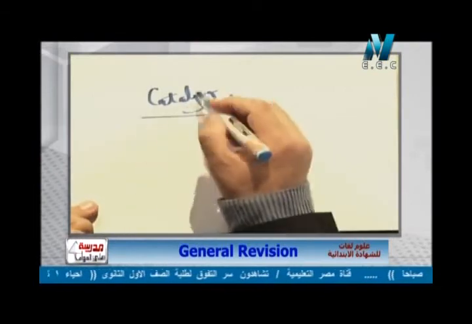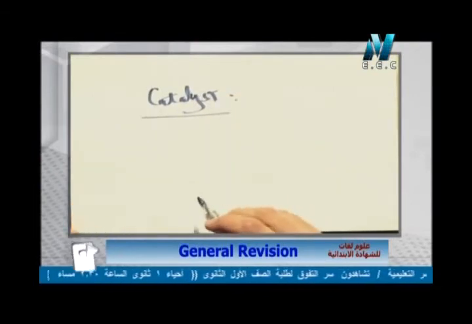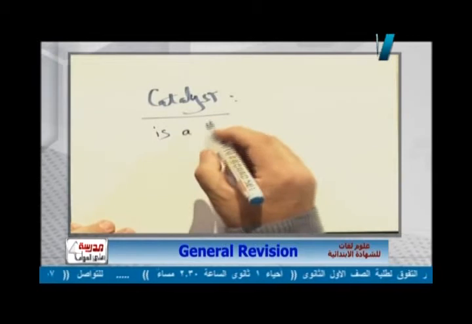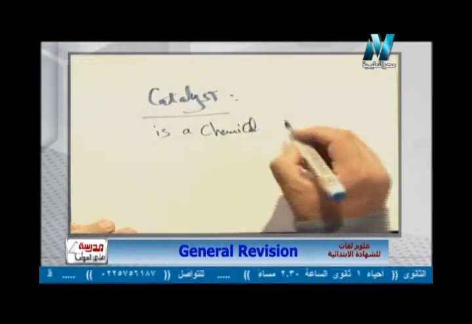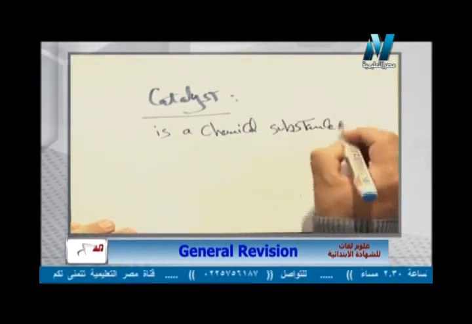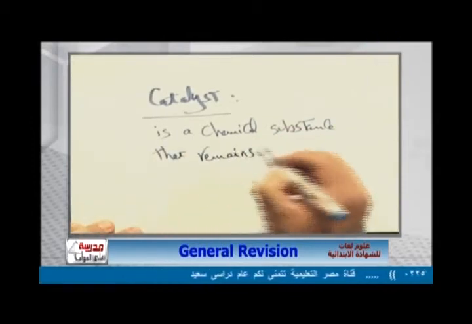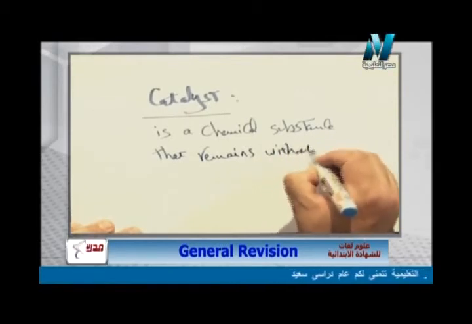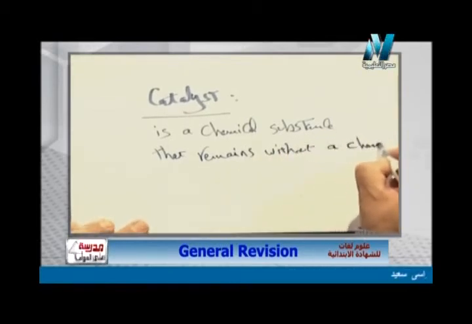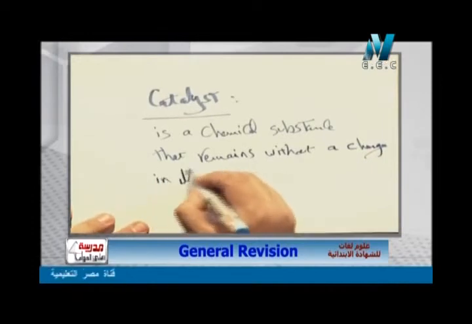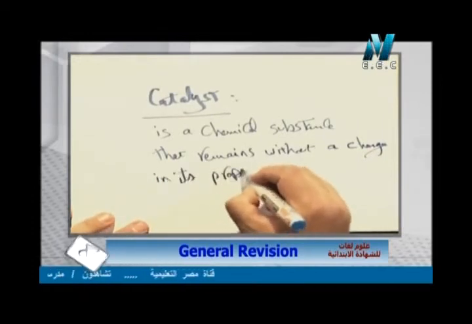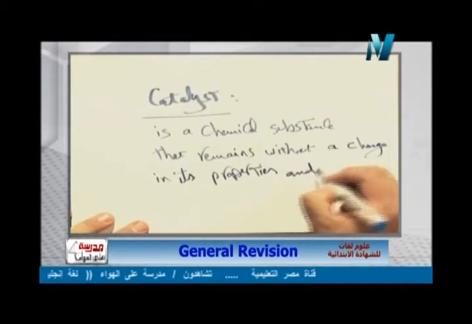So I can write another definition for the catalyst. Catalyst is a chemical substance that remains without a change in its properties and quantity.